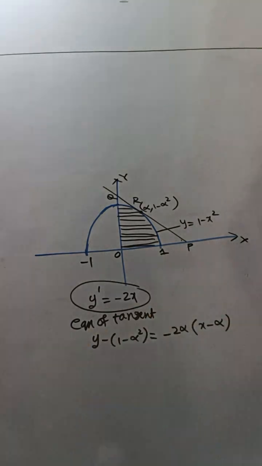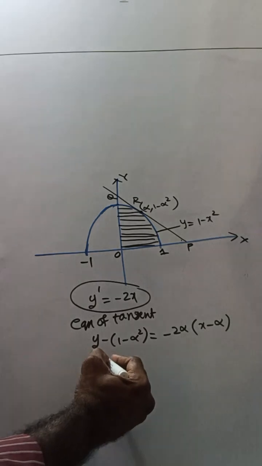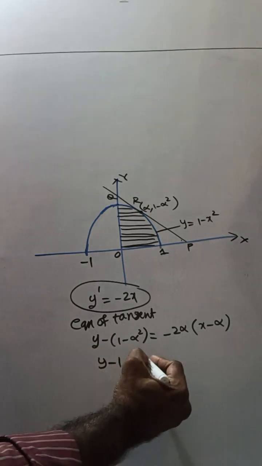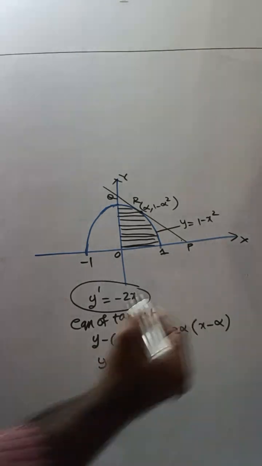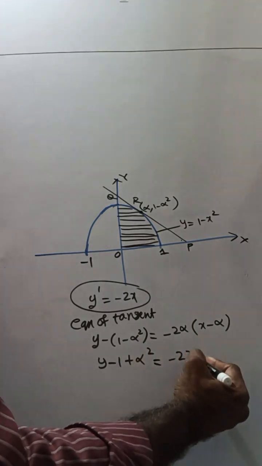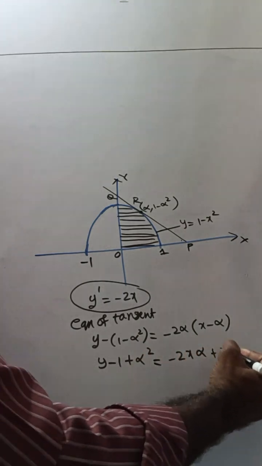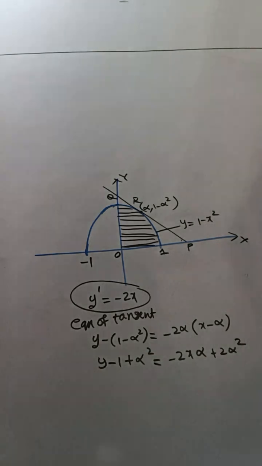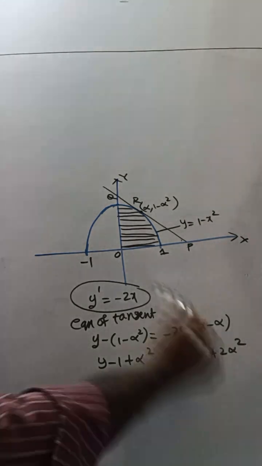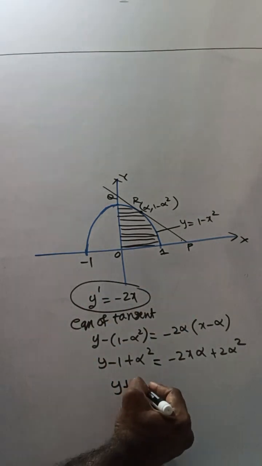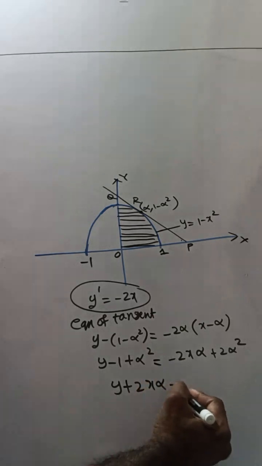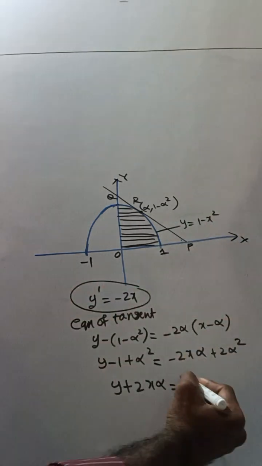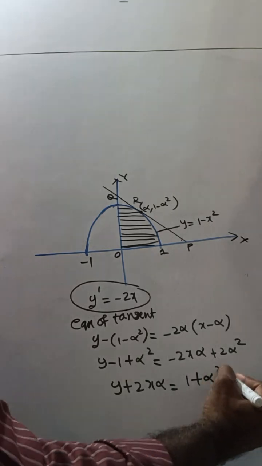Clear? Now this is y minus 1 plus alpha square equal to minus 2x alpha plus 2 alpha square. Now send this to this side. Y plus 2x alpha equal to, it is going to the other side, becomes 1 plus alpha square.